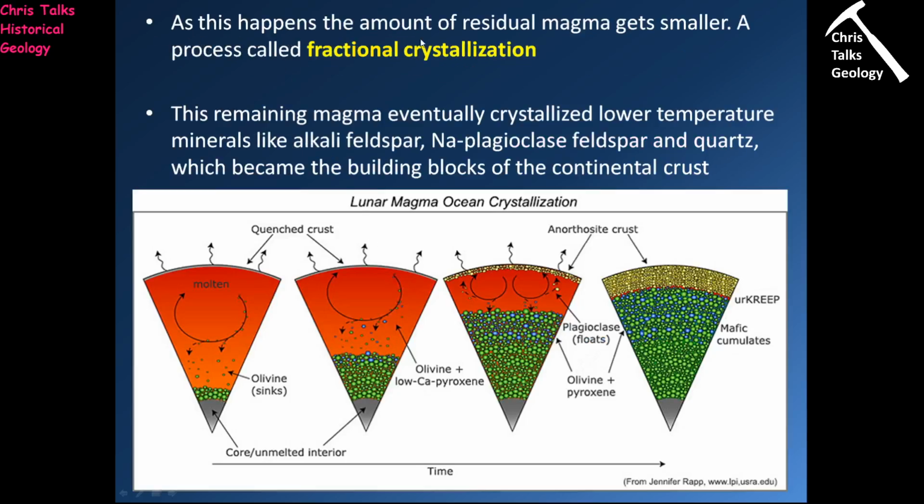Well, this process is called fractional crystallization. The removal of some things which are compatible with the minerals crystallizing. So as we can see here, we lost the iron and the nickel. Then we had magnesium, iron and silicon being removed to make the olivine and the pyroxene, which makes the mantle. We then had calcium and silicon being removed to make the anorthosite crust.